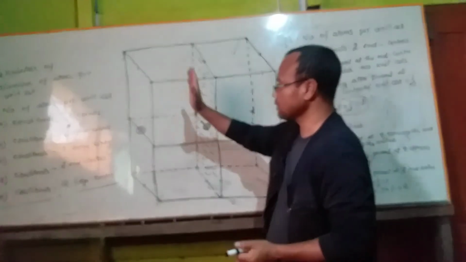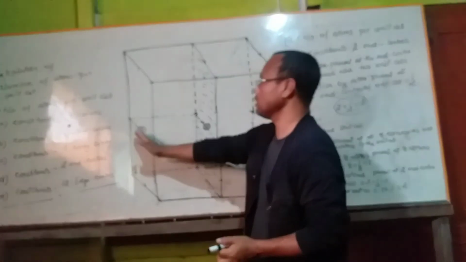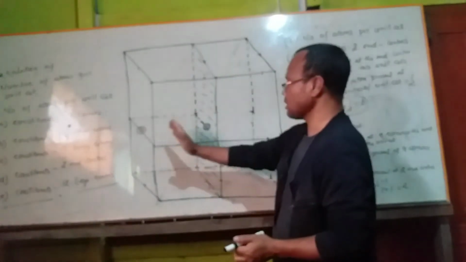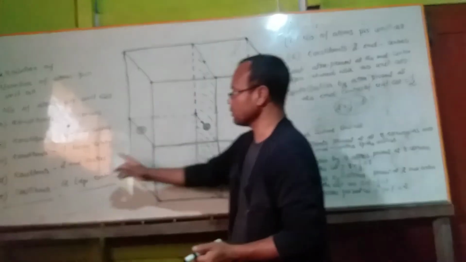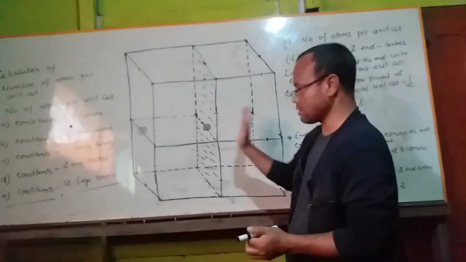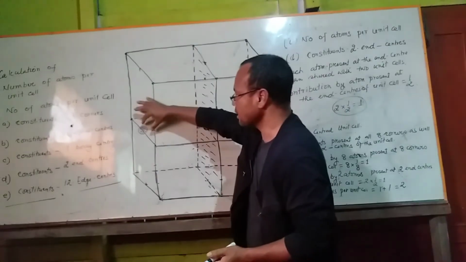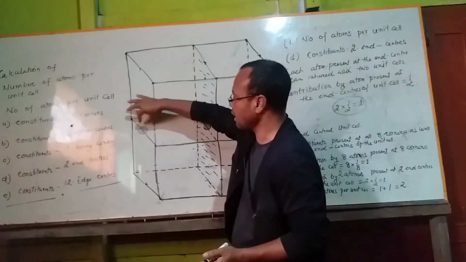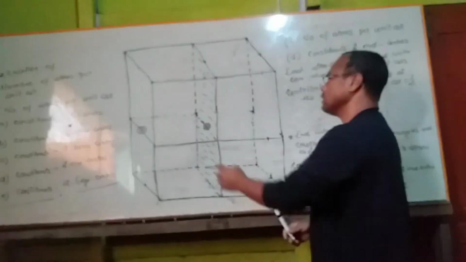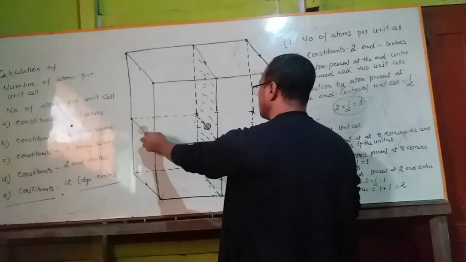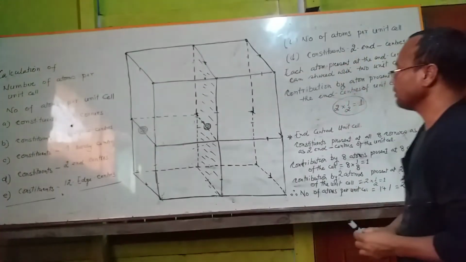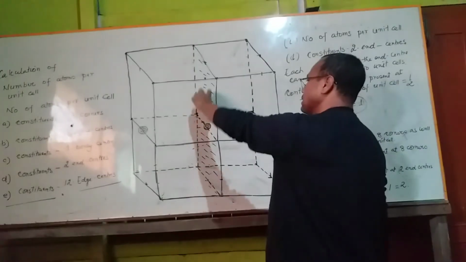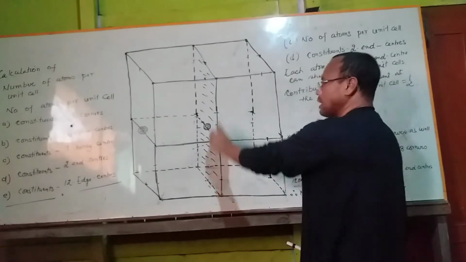So the center of this and the center of this is the alternate face. This alternate face we also know as the end face. That's what we can say. So the center of this face we can say end center. So how many end centers do we have? 2 end centers.